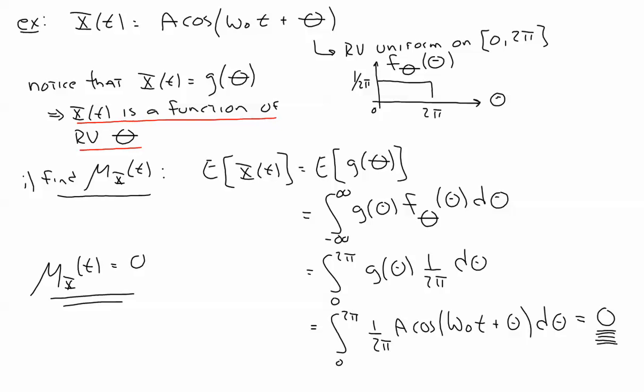Okay? My random process is just a cosine function with a random phase. But I don't care what that random phase is. If I integrate over 2 pi radians, I get 0. Right? It's half the time positive, half the time negative. So next thing I want to do is find the autocorrelation.